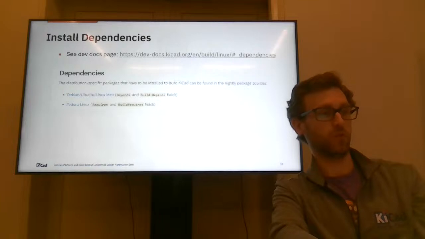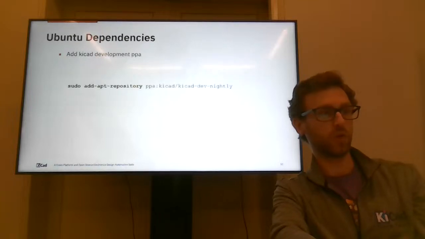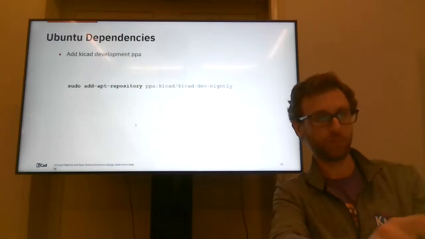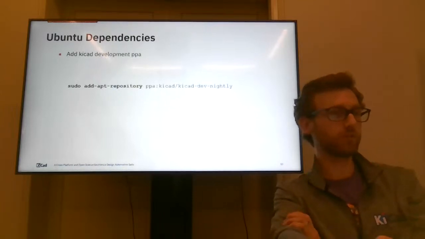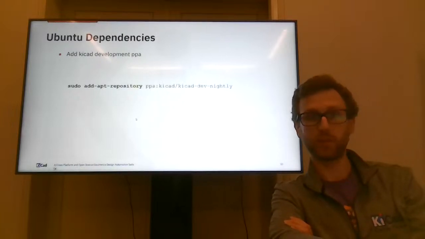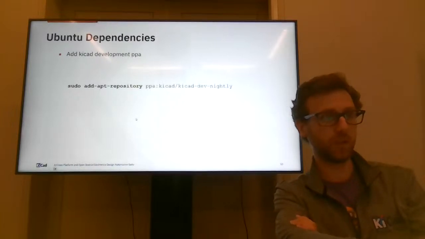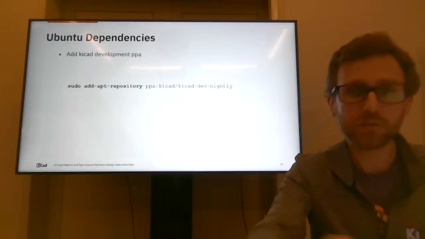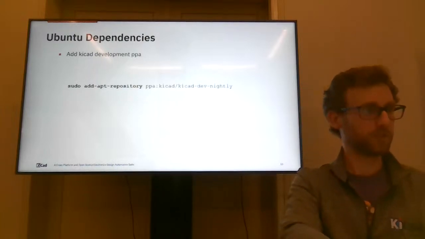So if I go through Ubuntu first, you also need an extra step. You should add the KiCad dev repository to your configuration. So there's the command sudo add-apt-repository ppa:kicad/kicad-dev-nightly. Can you see that there? Yes.